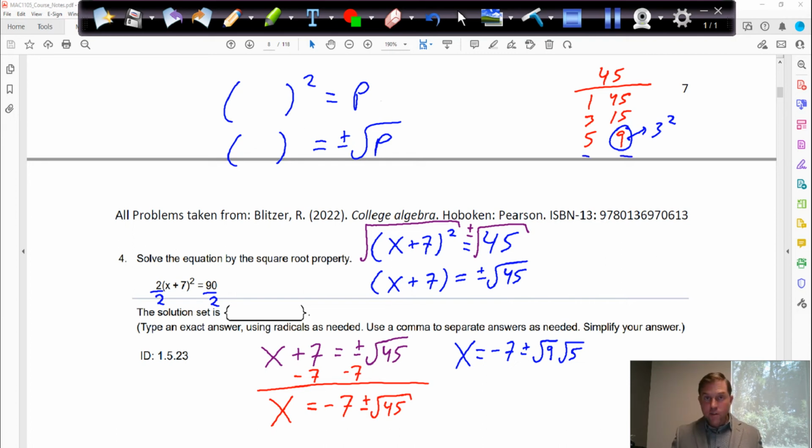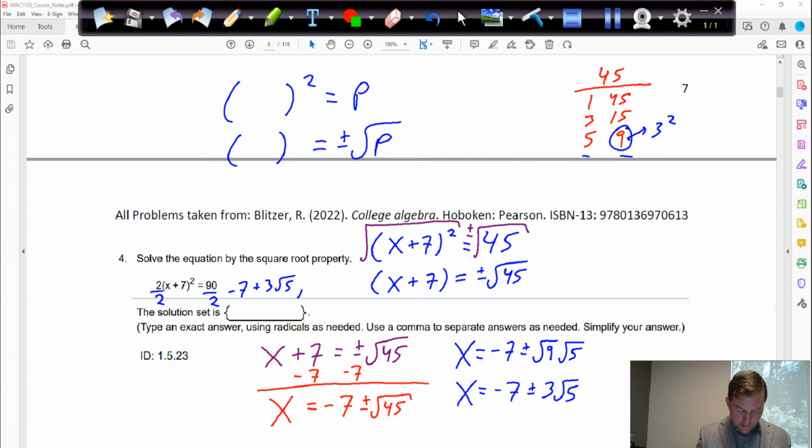But they both have to have a square root on them. And now I can say, oh, the square root of 9 is 3. So this will simplify to minus 7 plus or minus 3 times the square root of 5. And that is the final answer. So you would type this in like minus 7 plus 3 square roots of 5, comma, minus 7 minus 3 square roots of 5. And there's your two answers.